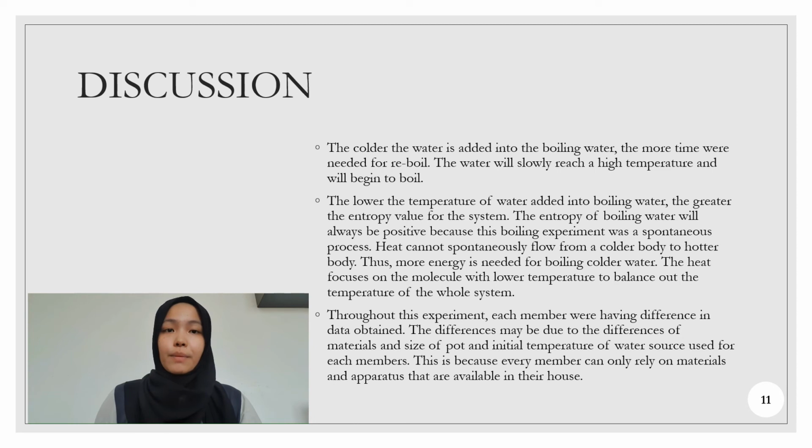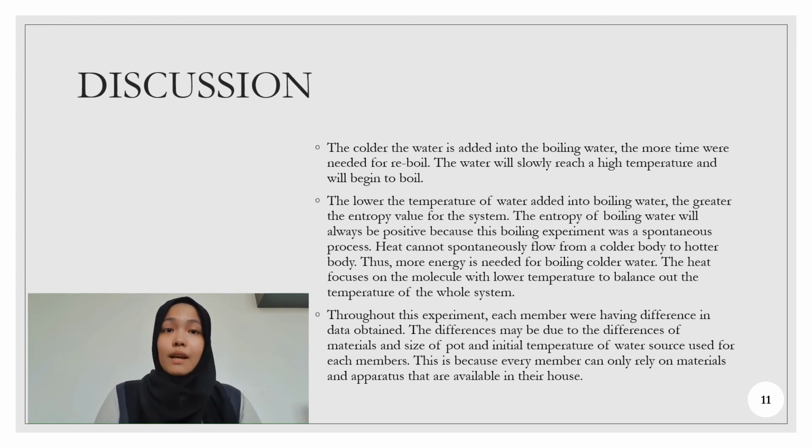Throughout this experiment, each member had differences in data obtained. The differences may be due to the different material and size of the pot, and the initial temperature of the water source used for each member are also different.